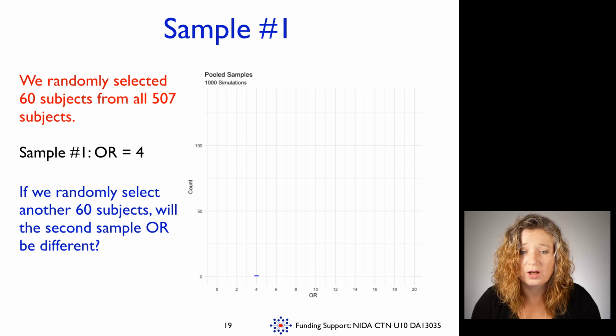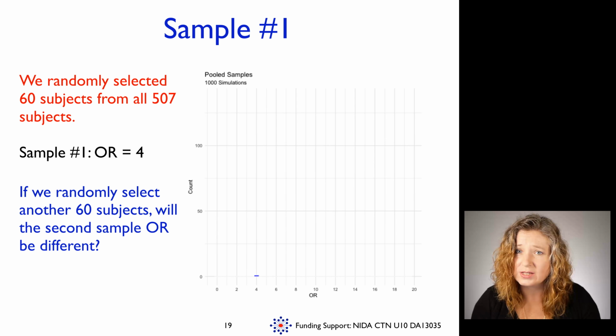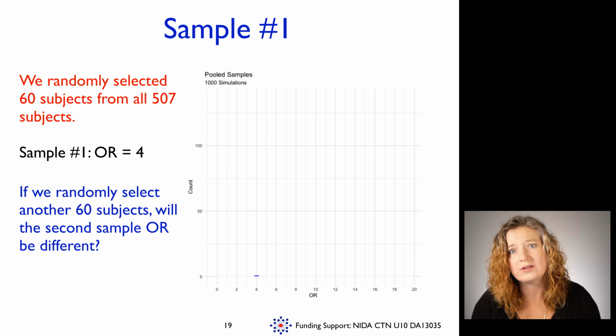The question is, if we repeat the process, I put my 60 subjects back into the pool of 507, and I randomly select a new 60 subjects. Maybe some subjects will repeat in the new sample, and maybe not. There will be some new subjects. So I don't expect the second sample of 60 subjects to have exactly the same odds ratio as the first sample.